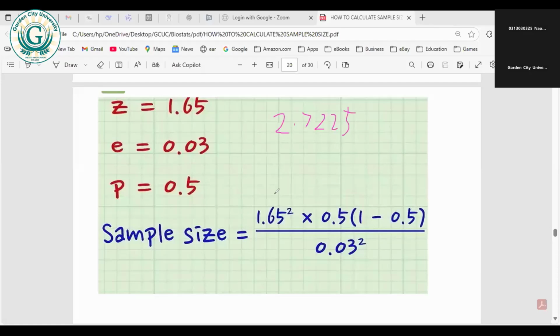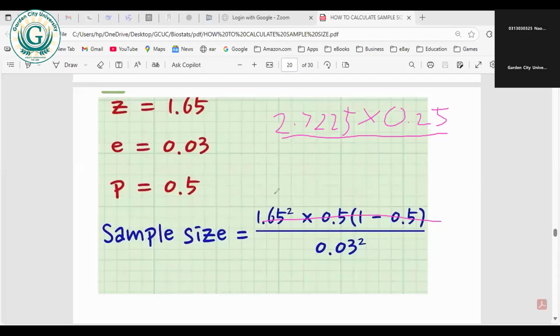2.7225. Good. Now we have to do the subtraction first, okay? So 1 minus 0.5 will give us what? 0.5. Then we can multiply by 0.5, right? Yes, 0.25. So we are done with this part. Now we can divide by the margin of error squared.